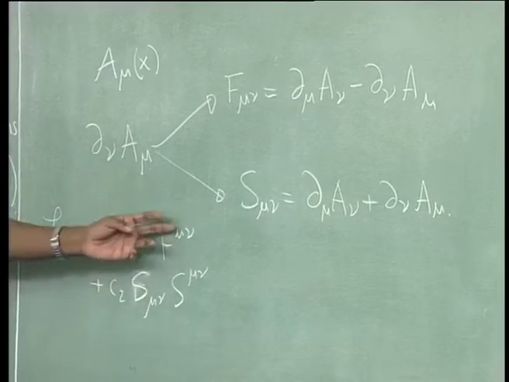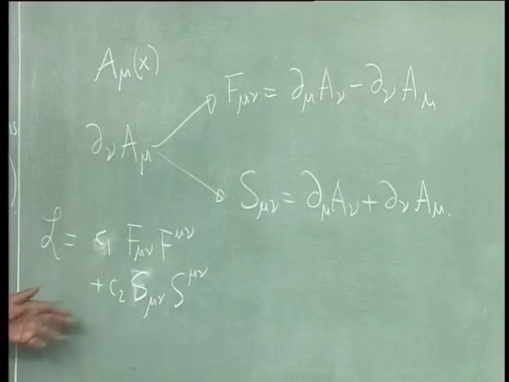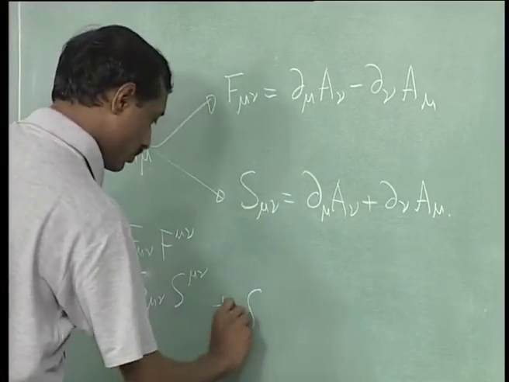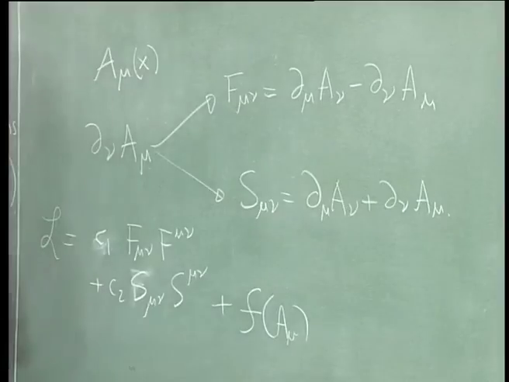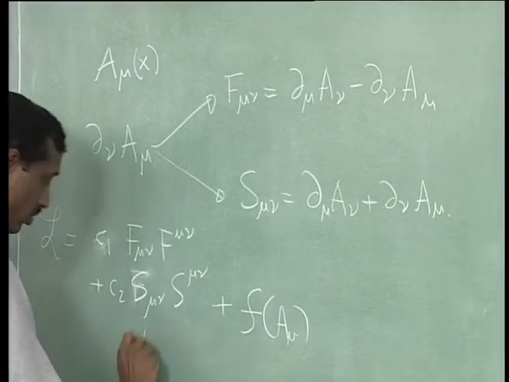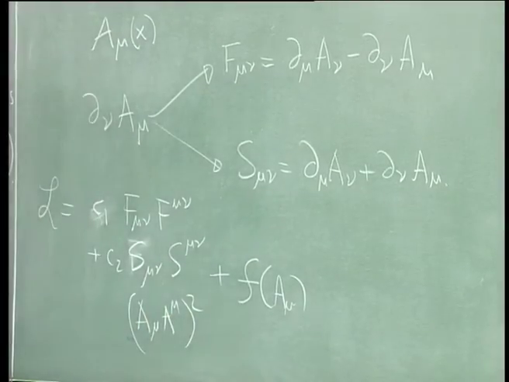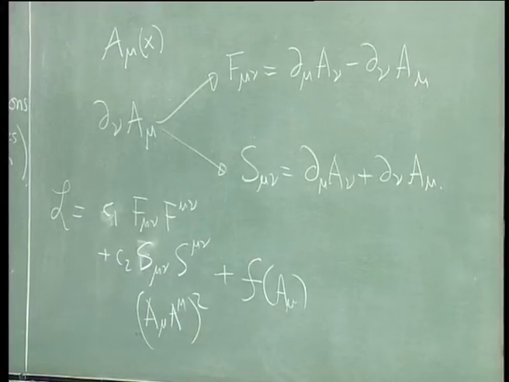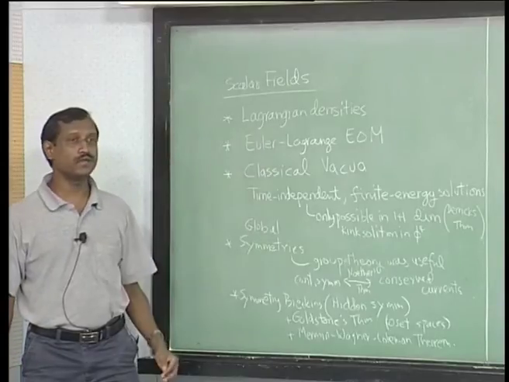One is symmetric, one is antisymmetric. If you try to contract them, you get 0. So, you get two different kinetic energy pieces, plus an arbitrary function of A_mu, as long as it is some Lorentz scalar. For instance, I could write something like A_mu A^mu whole squared. This is what you would have done if you just tried to use the ideas that you had for a scalar field.